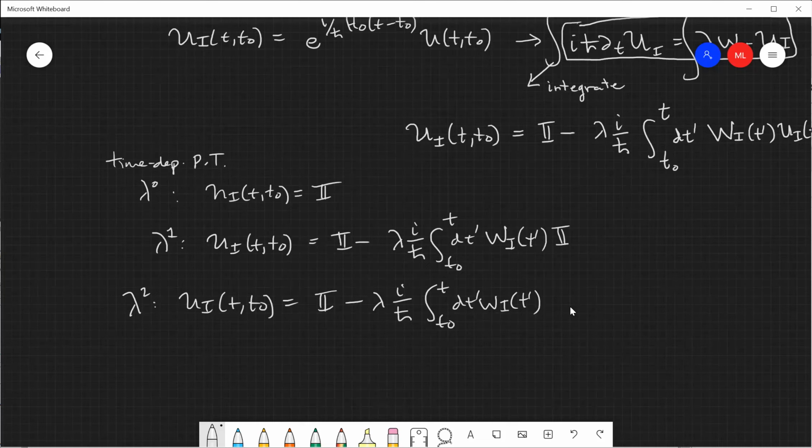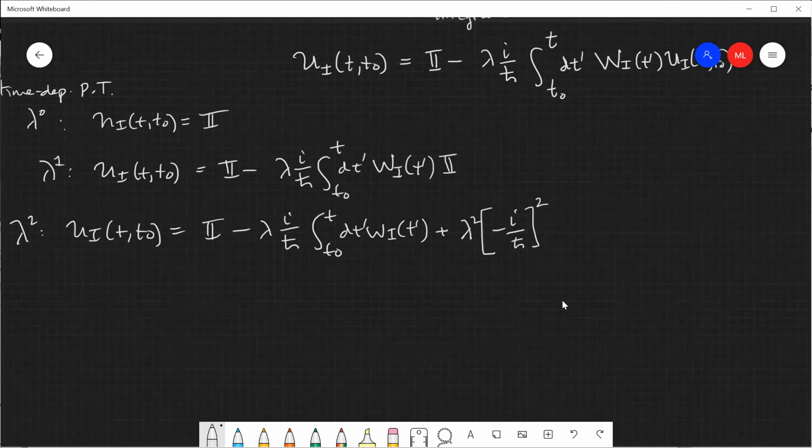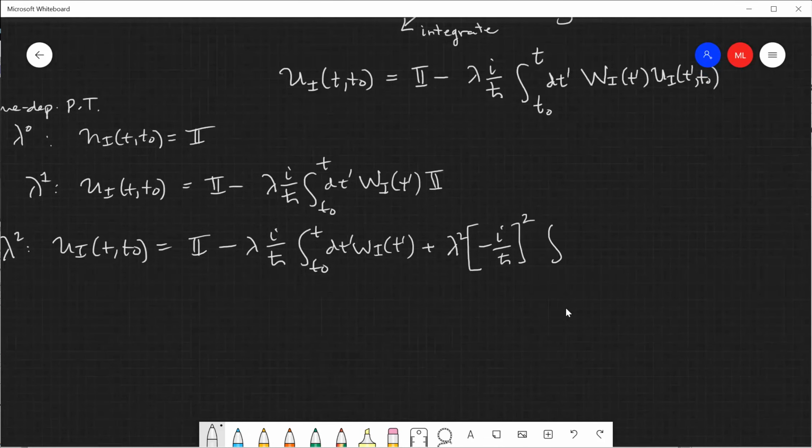And then we're going to have a double integral, right? So there'll be two factors of these, lambda times minus i over h bar. And now we have an integral from t_0 to t, dt prime W_I(t prime).